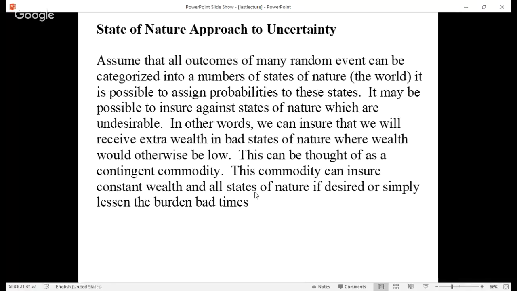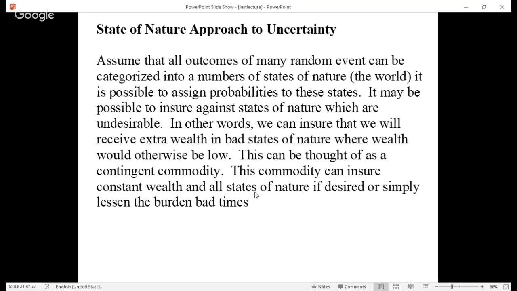For instance, tomorrow the stock market will be up 1 cent, 2 cents, 3 cents, 4 cents, or down 1 cent, 2 cents, 3 cents, 4 cents, and I can assign probabilities to all those things. Obviously, there's an infinite amount, and all those probabilities are small, but I can group them together to make it less cumbersome.